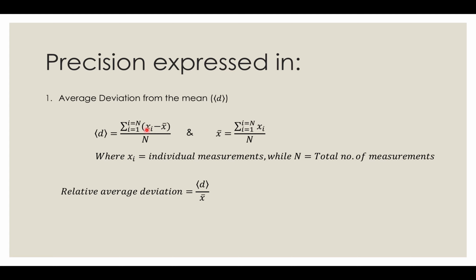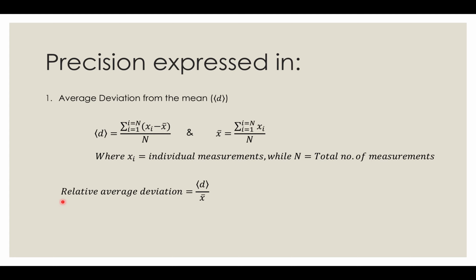Here xi is the individual measurement, and x bar, a symbol you might have already learned in mathematics, is the average or the mean, which means the summation of the measurements divided by the total number of measurements. That gives the average deviation from the mean.